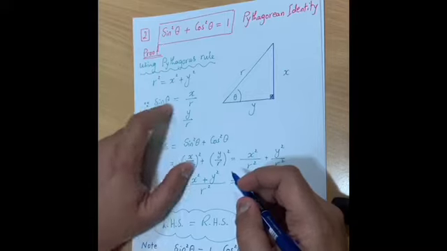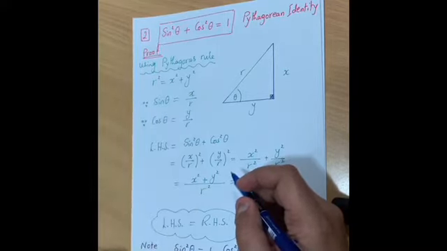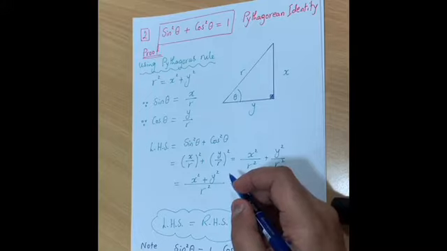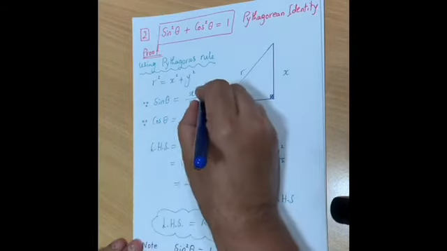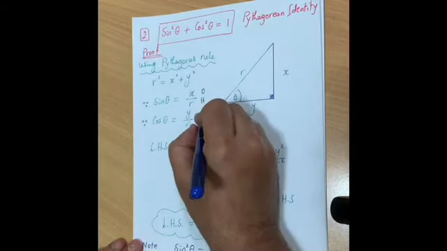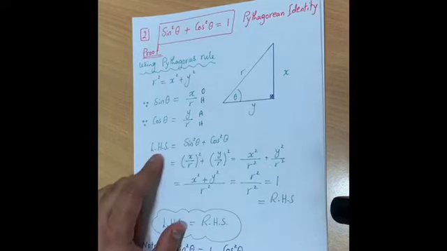Now sine theta is equal to x over r, cosine is y over r. It's as we did before: sine is opposite over hypotenuse, and cosine is adjacent over hypotenuse. O over h, a over h. Now let's start from the left-hand side.